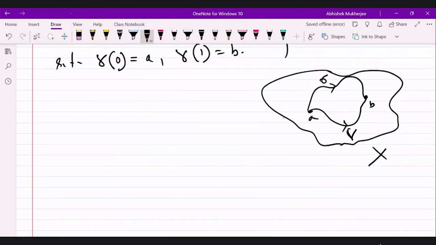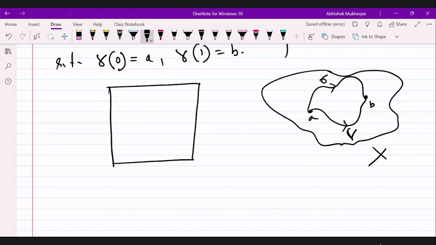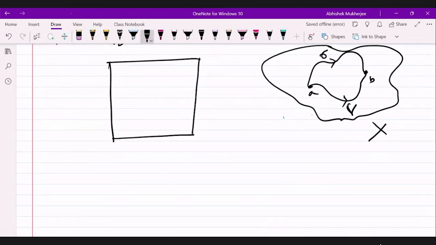Let us draw here. Let I be the closed interval [0, 1].